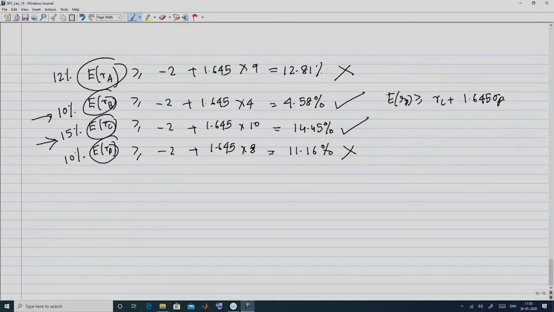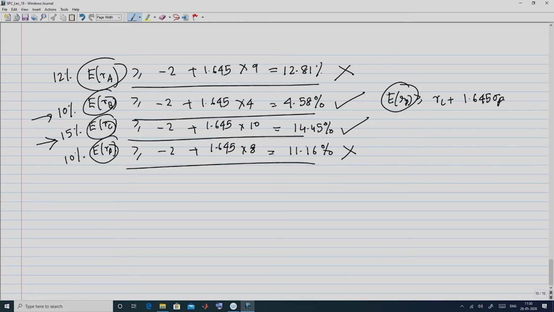So, even before we can start maximizing the E of RP, we have to check the situations where the Telser's criteria is not satisfied. It turns out that it is not satisfied in case of A and in case of D.